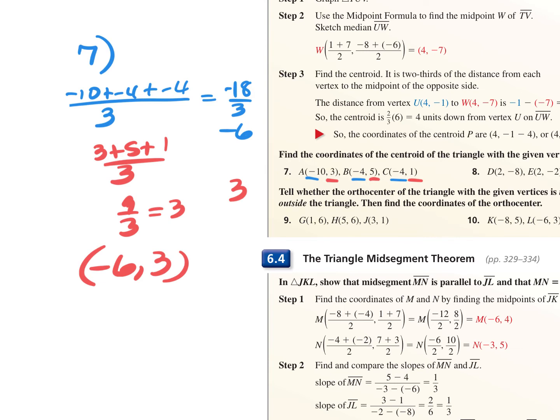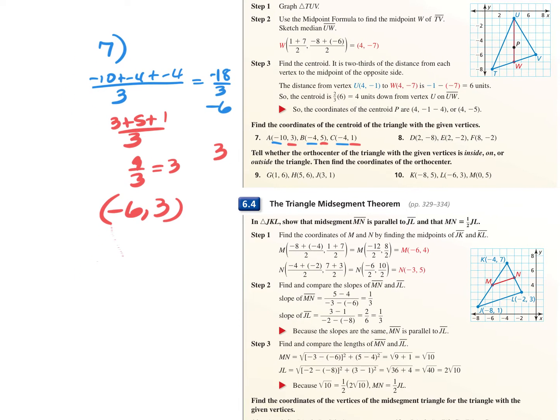Then for number 8, I will do exactly the same thing. I'm going to add the x's and divide by 3, add the y's and divide by 3, and this is going to give me the coordinates for my centroid by just doing the trick. Again, you could find all the midpoints, draw on all the medians, and then find their point of intersection. However, it's a lot easier to just take all the x coordinates, add them, divide by 3, and the y's.